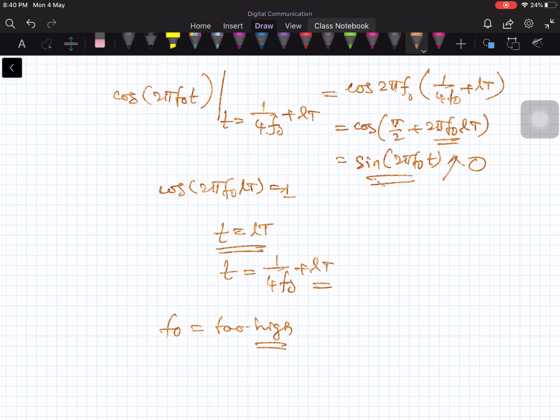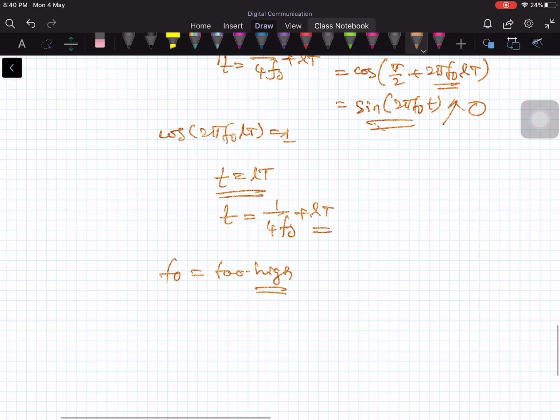If your carrier frequency is high, then 1 by 4 f naught is a very small timing offset, so even if you miss slightly, the entire signal will disappear. So what is the remedy? One has to choose a very low carrier frequency instead of a very high carrier frequency.